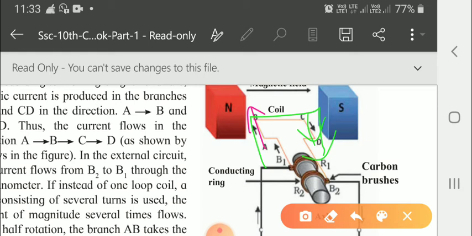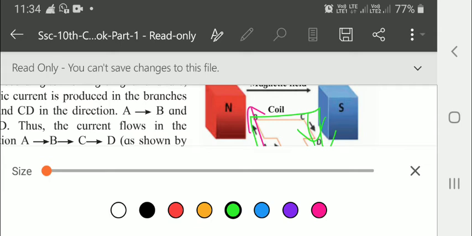Now in the external circuit, the current flows from B2 to B1. That means in this circuit it goes from B2 to B1 this way. Now if instead of one loop coil, a coil consisting of several turns is used, that means this is one loop only, right?